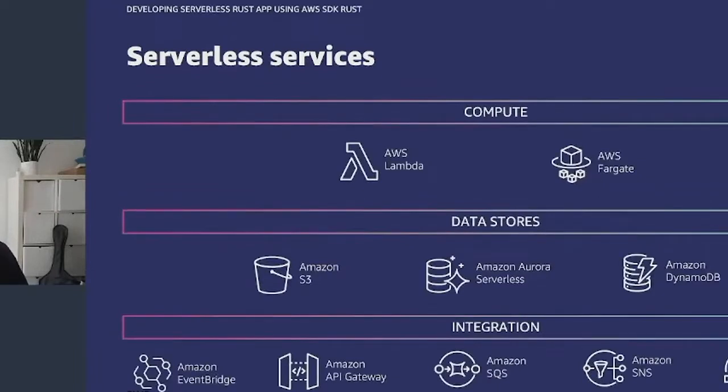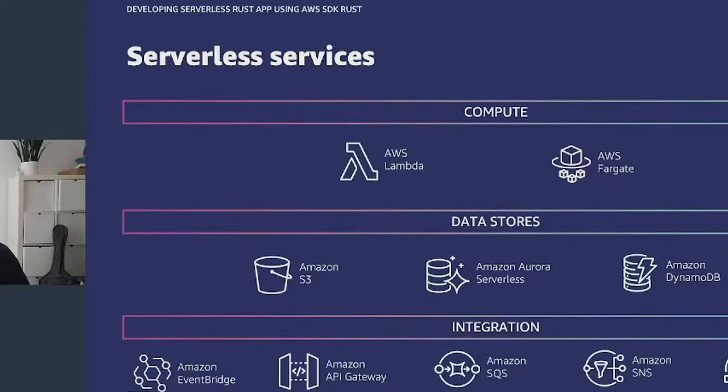So here are some of the serverless services that we just saw. AWS Lambda. We also have AWS Fargate, which allows you to run containers. There are data stores like S3 bucket for objects. There are databases like Aurora Serverless or DynamoDB.